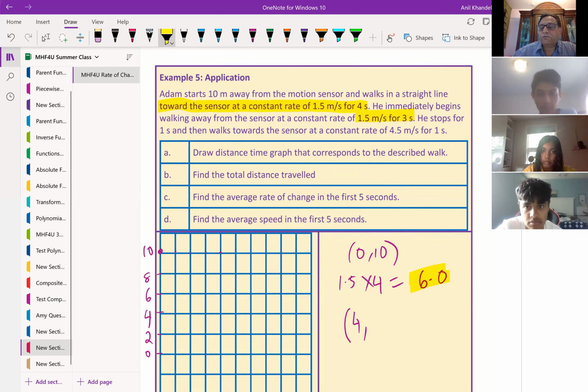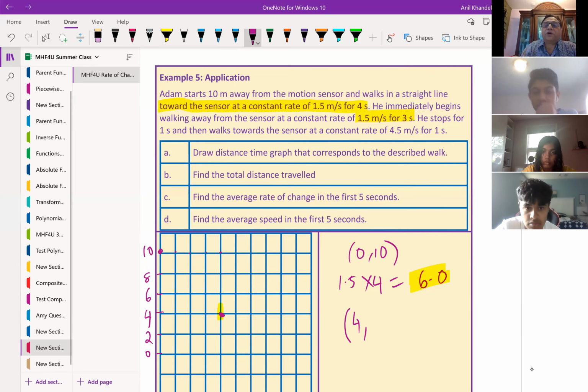So what is the next point? Where will he reach? Earlier, he was 10 units away from the sensor. Now he's walking towards the sensor, so the distance is decreasing. It will be 4, correct? Do you understand, all of you, please? Yes, sir. You will join these 2 points. Is that clear? Next statement.